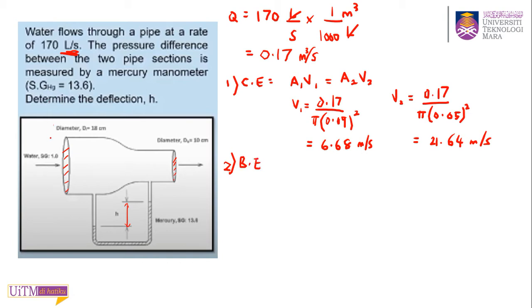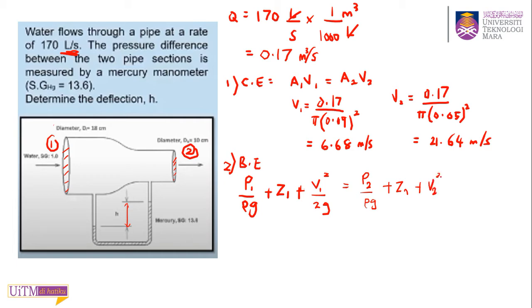Okay, at point 1 and point 2. So P1 over rho G plus Z1 plus V1 squared over 2G equal to P2 over rho G plus Z2 plus V2 squared over 2G.